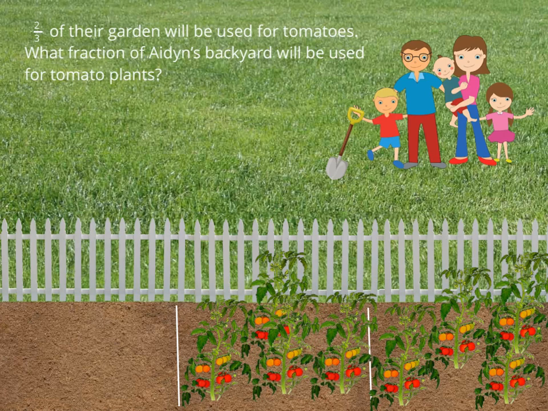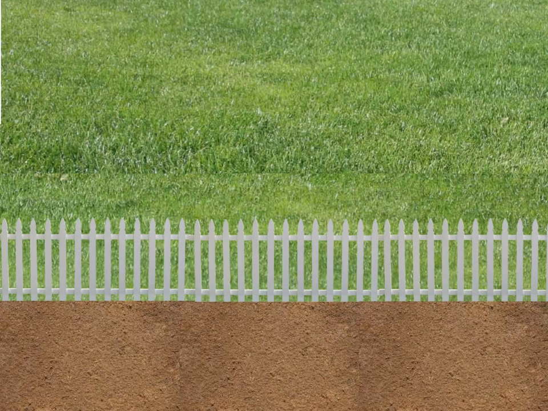So we are looking for what fraction of the entire backyard will be used for tomato plants. So let's break our picture up. First of all, we took his backyard and we broke it up into fourths.